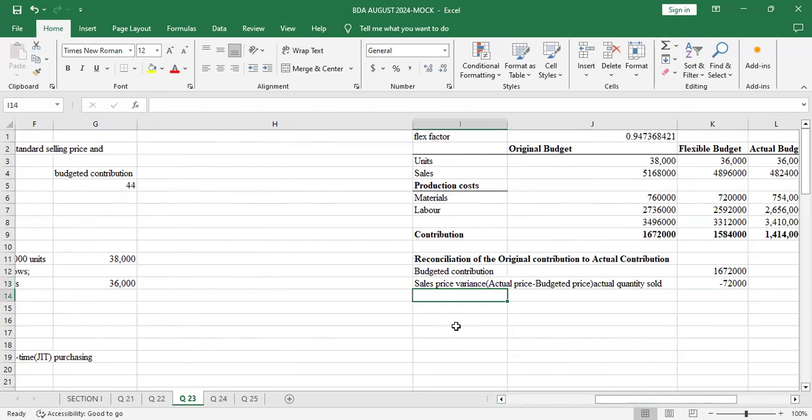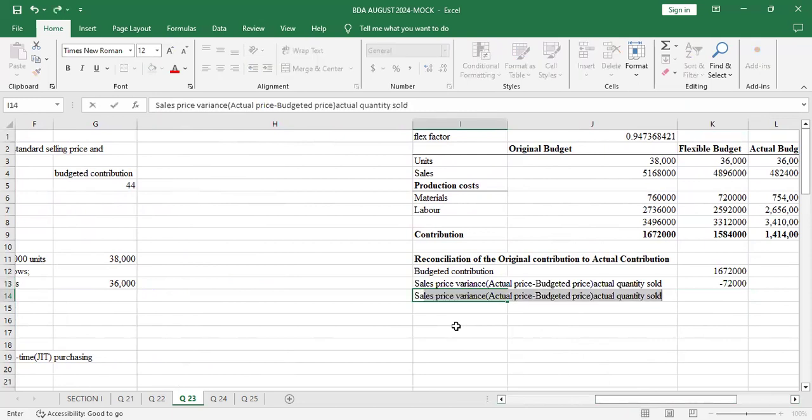So the other thing will be the sales volume variance. The formula is budgeted quantity minus actual quantity, these are the quantities sold, times budgeted contribution.